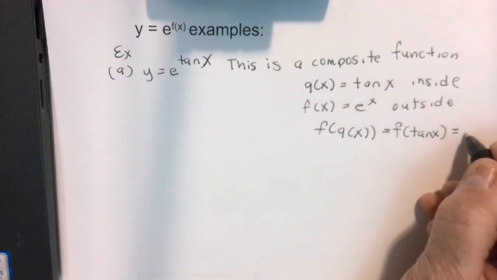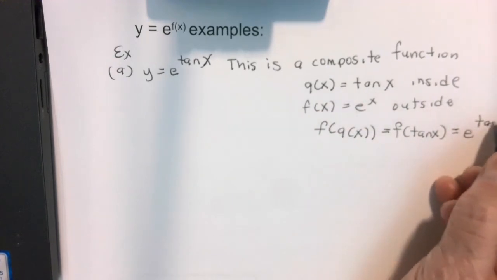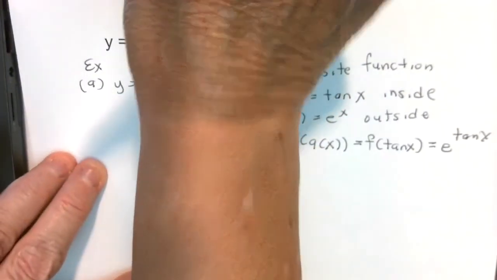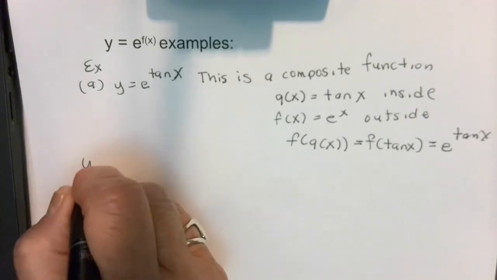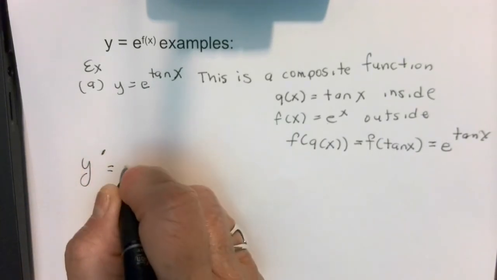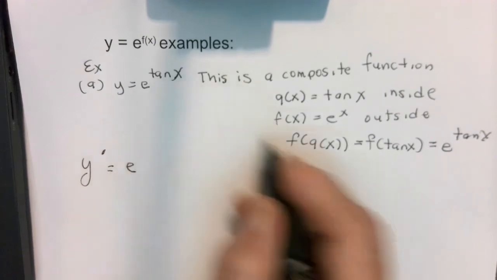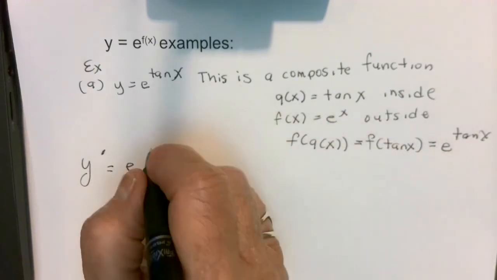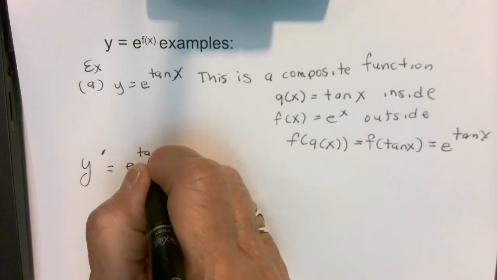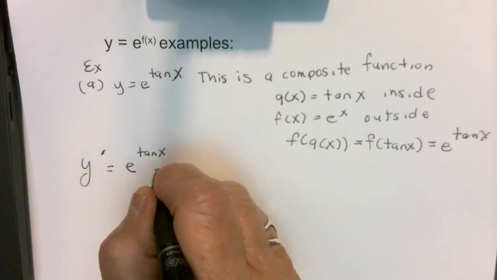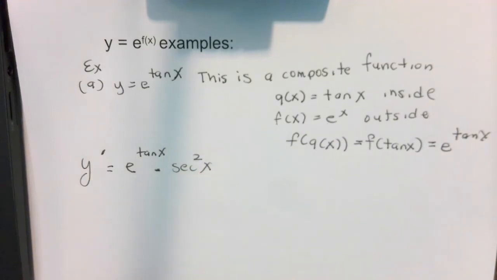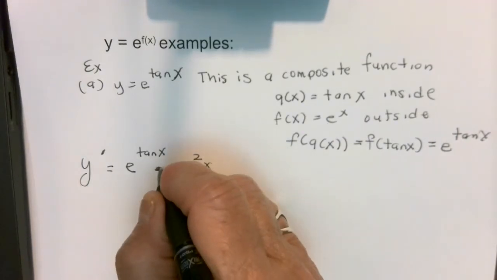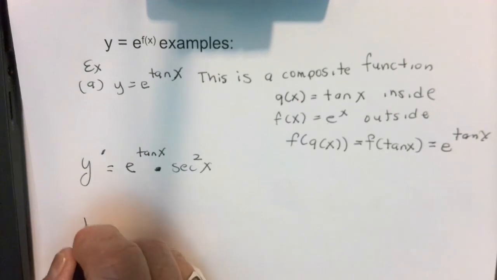It goes e to whatever you have in there. So it would look like that. Okay, so now let's do the derivative. Y prime, we do the derivative of the outside, but the derivative of e to the x is just e to the x. But then we multiply times the derivative of the inside. And that's our answer.